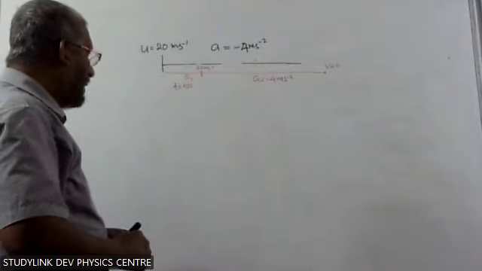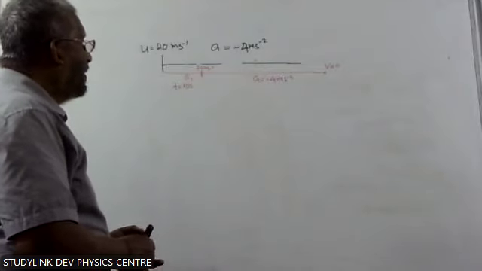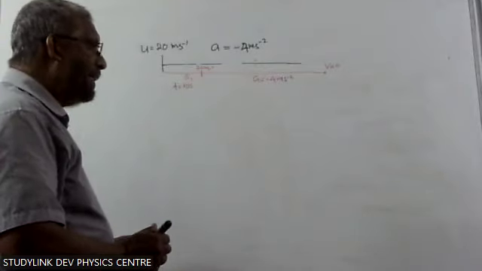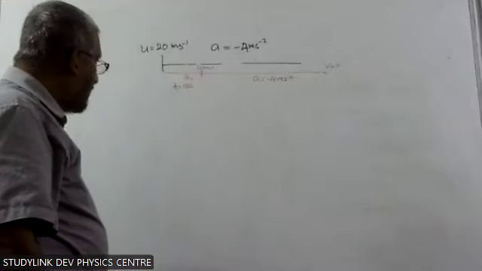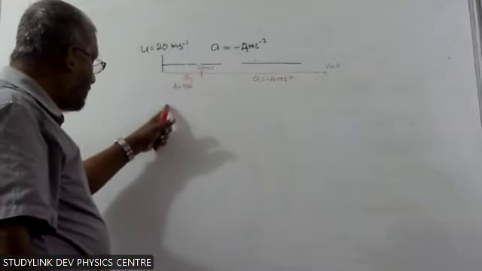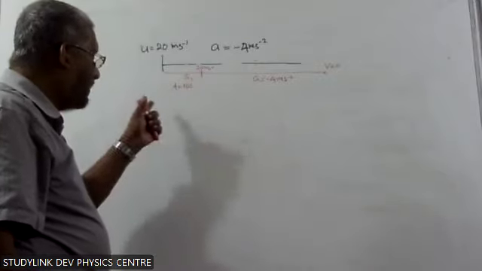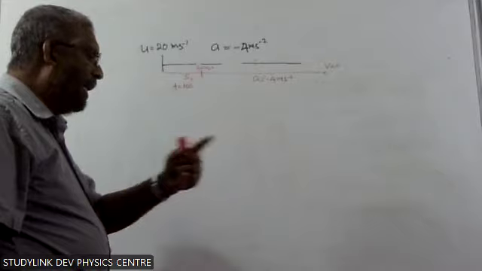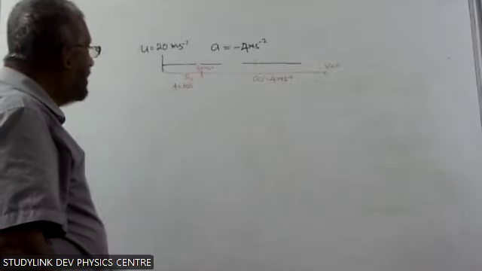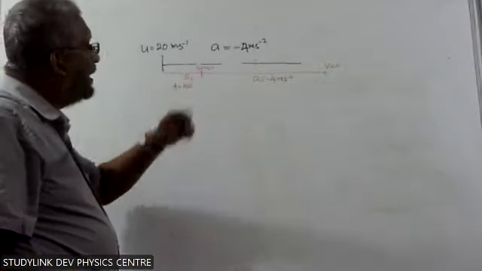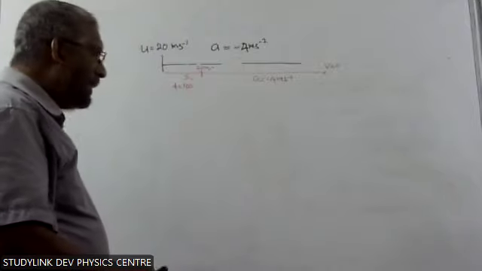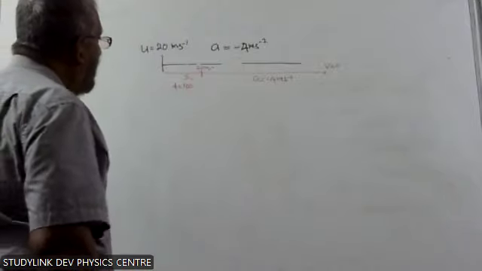Now they are asking again the time. So reaction time, we can give the reaction time from the point of view that the driver sees the other person crossing the road. From there onwards, how many seconds it takes to come to rest.